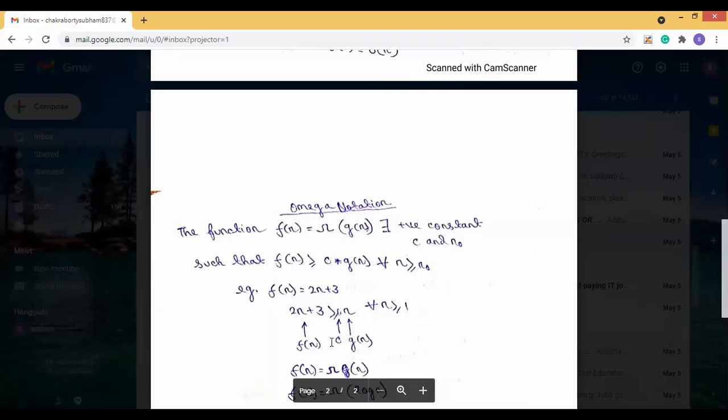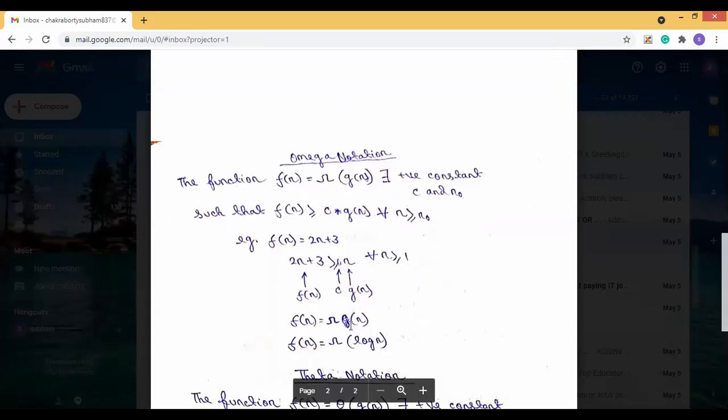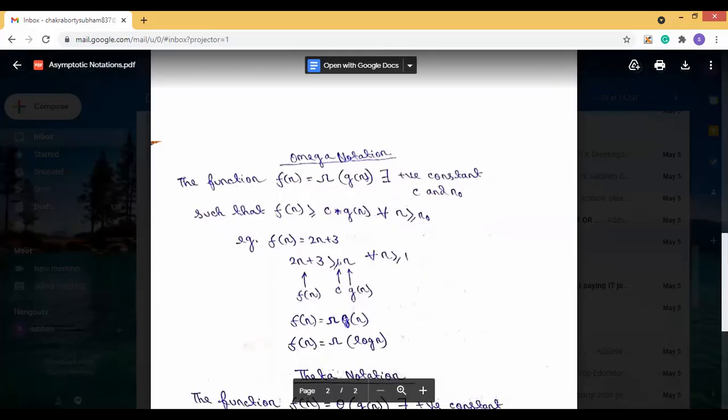So we put the smallest value as 1, and after putting it we can see that f(n) is greater than or equal to c of g(n). So we can say our f(n) is omega of n, because g(n) is n.